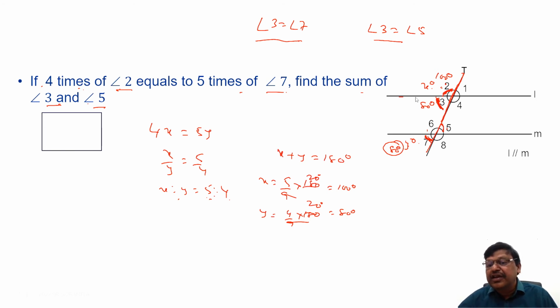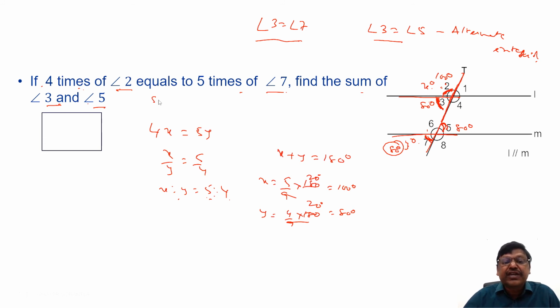See, they are the interior angles between the parallel lines, but they are not on the same side. They are on the alternate sides of the transversal. Two alternate interior angles are equal. So that means angle 3 is 80, so angle 5 is also 80. I am asking the sum of 3 and 5, so 80 plus 80, it is 160 degrees. So my answer is 160.